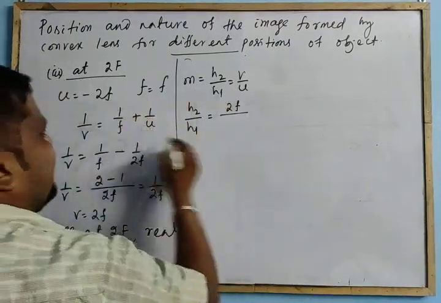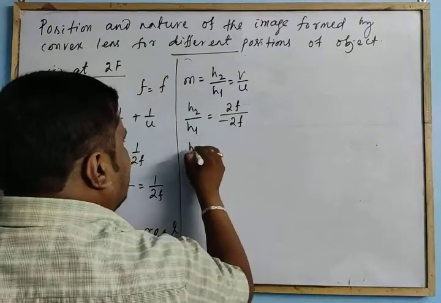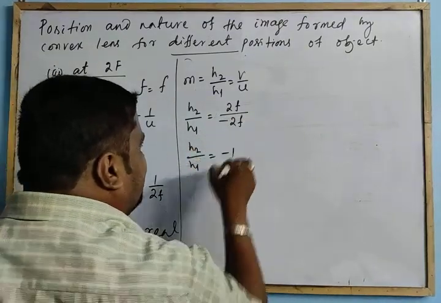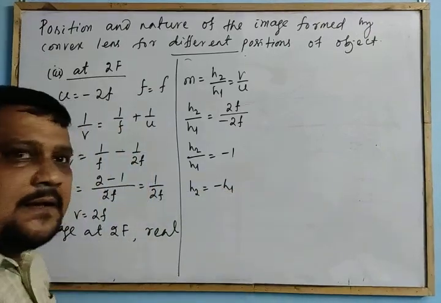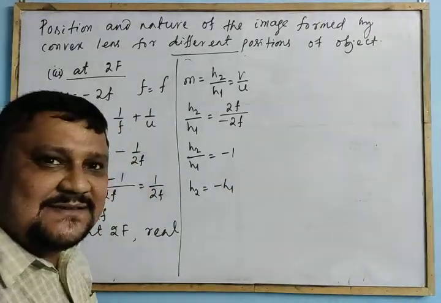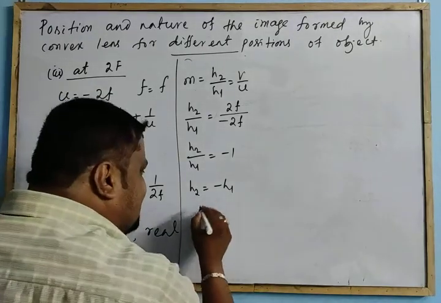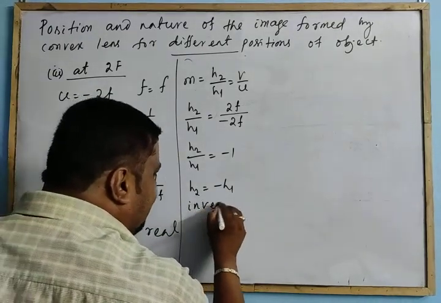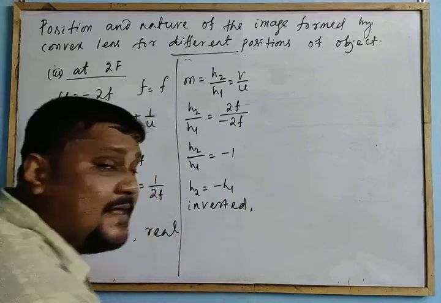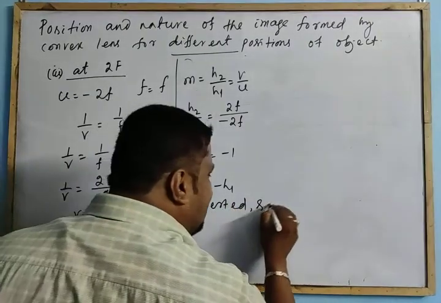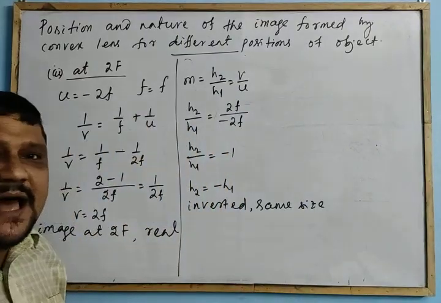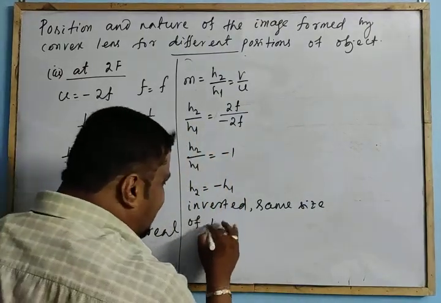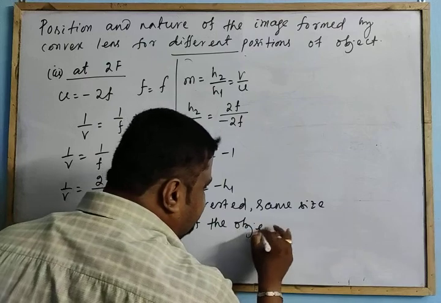U is what? Minus 2f. So h2 by h1 is equal to minus 1. So h2 is equal to minus h1. One is plus, the other one is minus. So it is inverted and the same size, no change. Size is the same as the object.